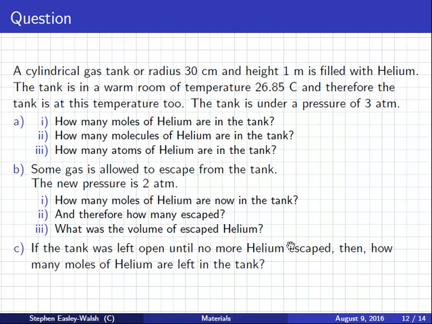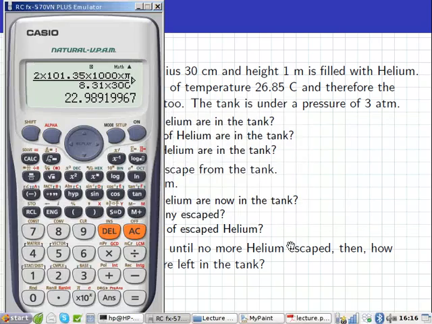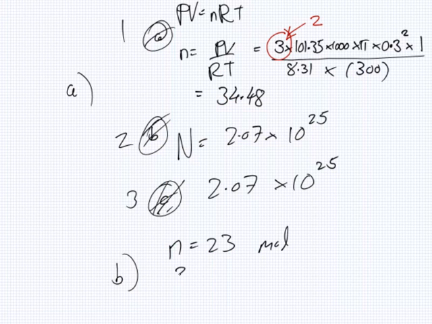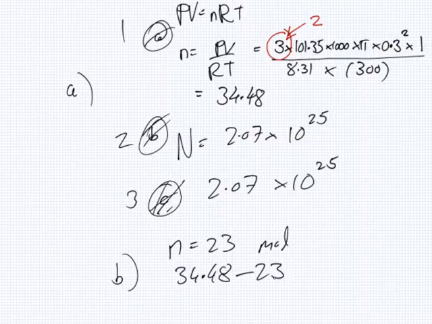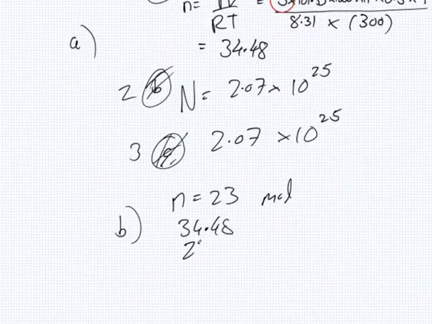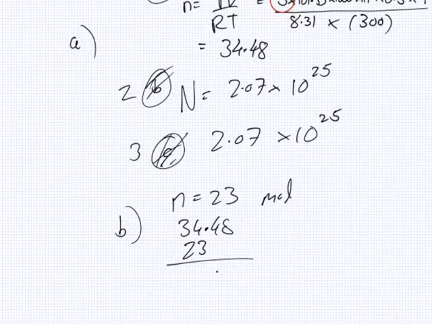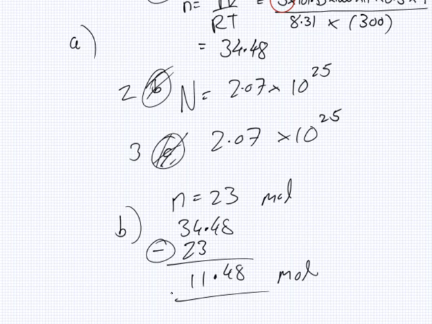So, how many moles escaped? Well, if you started off with 34.48 and there's only 23 left, then you're left with 11.48 moles that escaped.